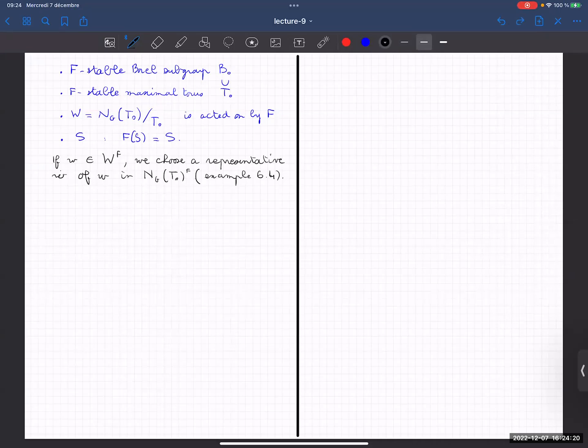But what is important is that T0 is connected. So now I can prove a finite Bruhat decomposition. I must state what it is. The finite Bruhat decomposition tells you that you can obtain the decomposition of G^F into double classes, the disjoint union for w in W^F of B0^F ẇ B0^F.